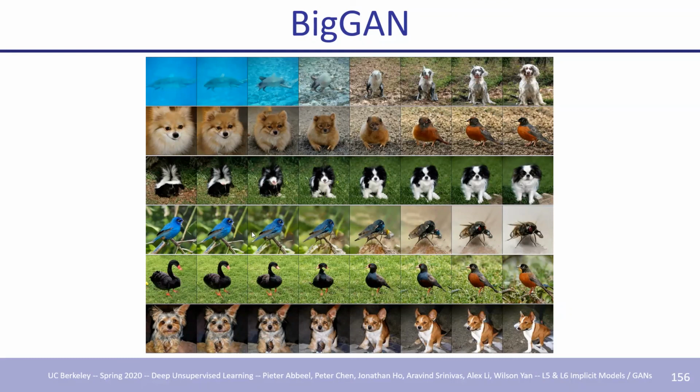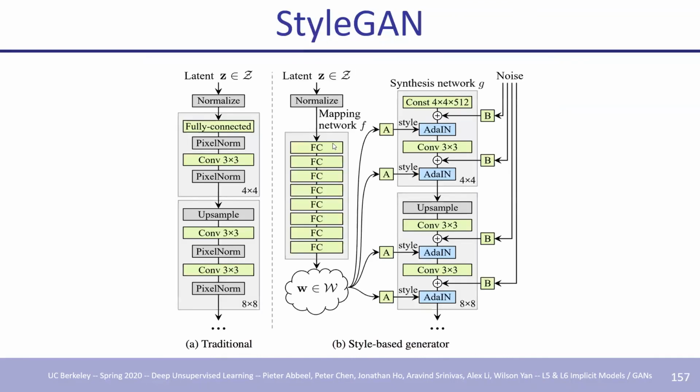And so the intermediate ones do look good. I mean, you can transform the dog to a bird, and it does have some semantic, looks like correct things.